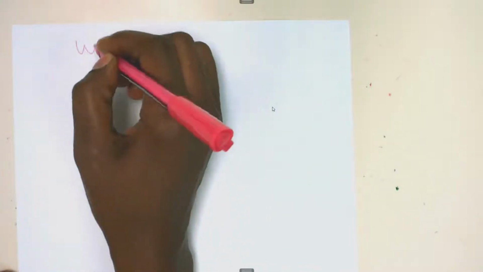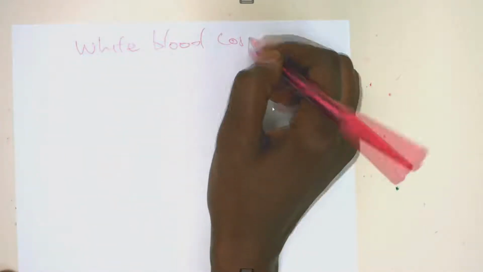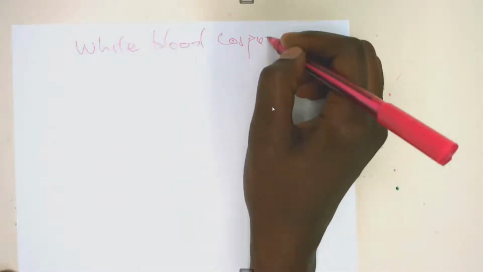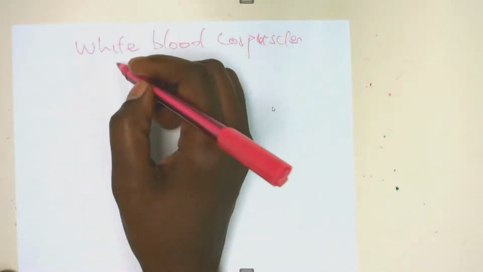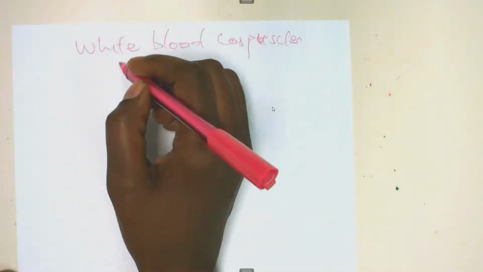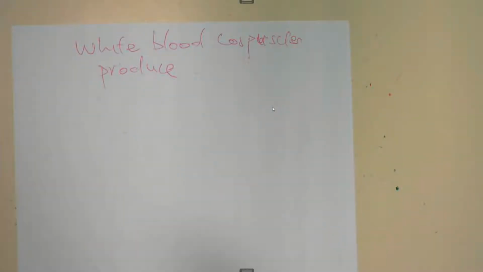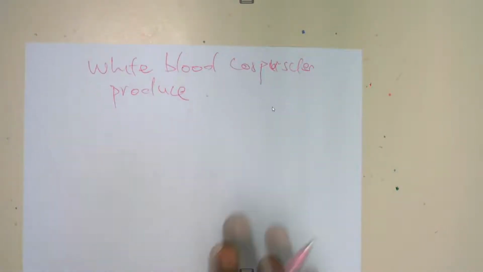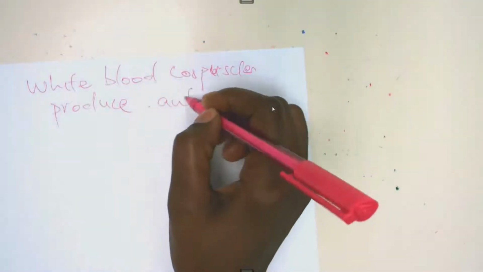The white blood corpuscles in our blood will produce the antibodies. So it means that once these organisms enter into our bodies and pass through some of the defenses, the white blood cells or corpuscles will produce what we call antibodies.